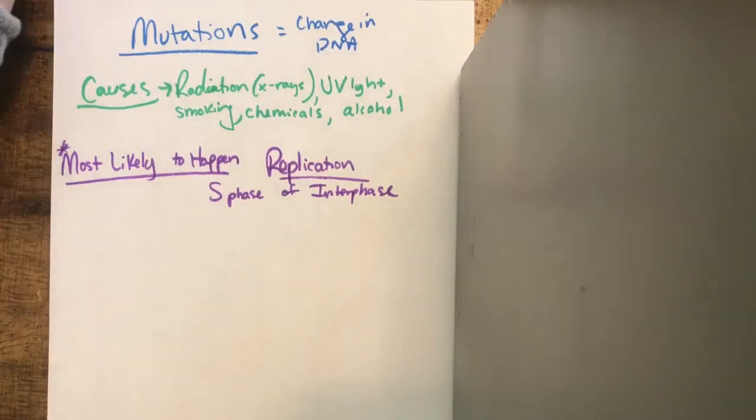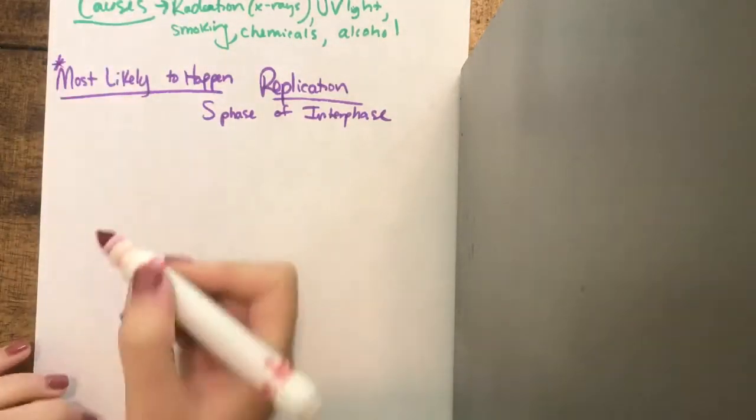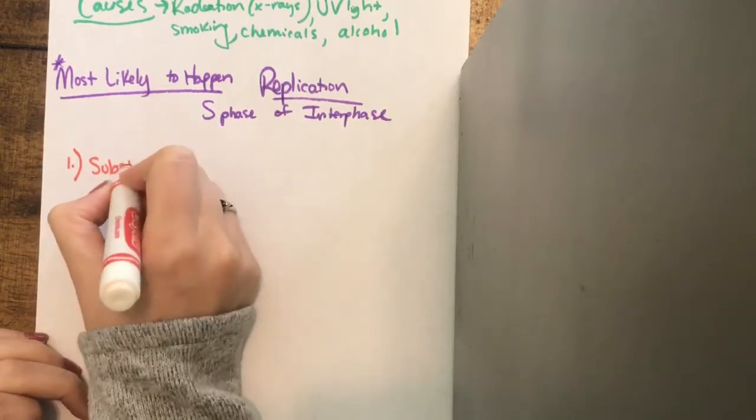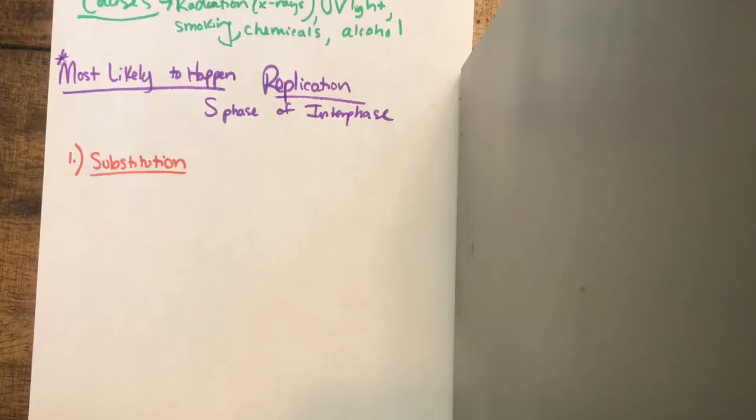Alright, so there's 6 examples of mutations that we're going to talk about. The first one is substitution. Right, and our original strand, I'm going to write it right here in green.